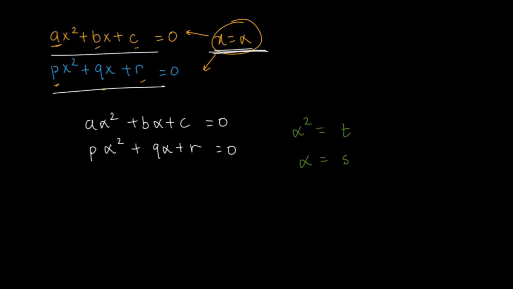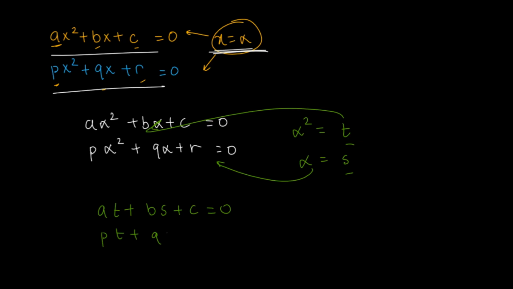And now you could have just put it right here, and that would have given you two equations in two variables t and s that you can easily solve. So let's try doing that. So at plus bs plus c is equal to 0, and pt plus qs plus r is equal to 0.